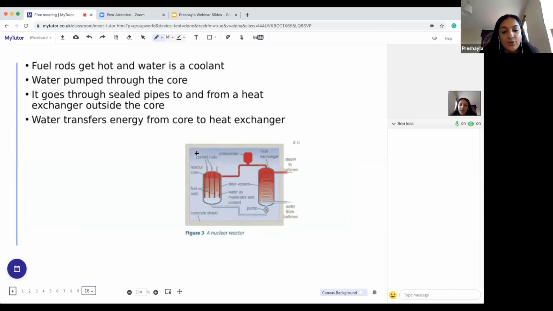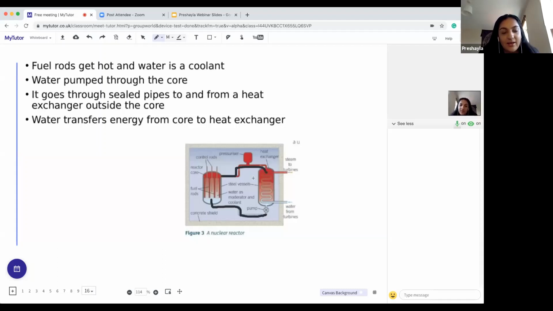Those fuel rods can get really hot. And not only does the water act as a moderator, but it also acts as a coolant. It cools this whole thing down. The water is pumped through the core and it goes through sealed pipes to and from a heat exchanger outside the core.